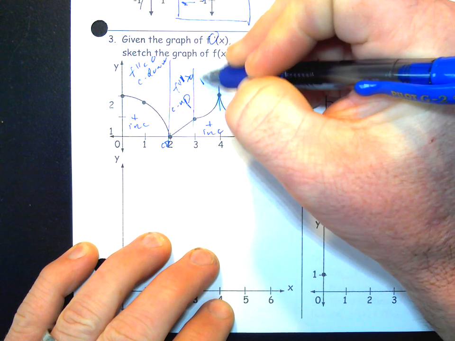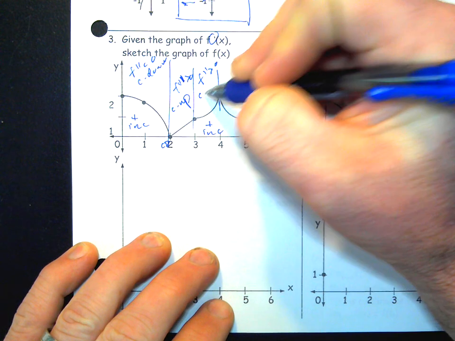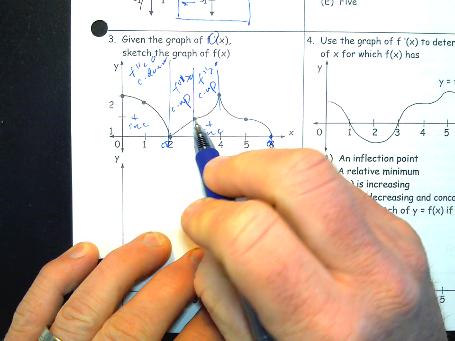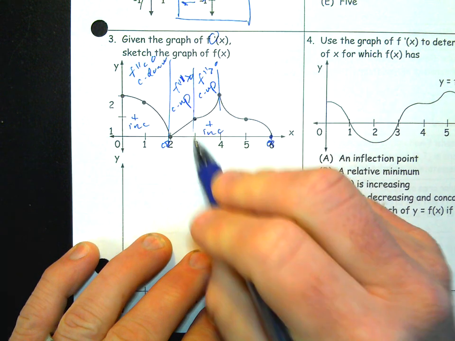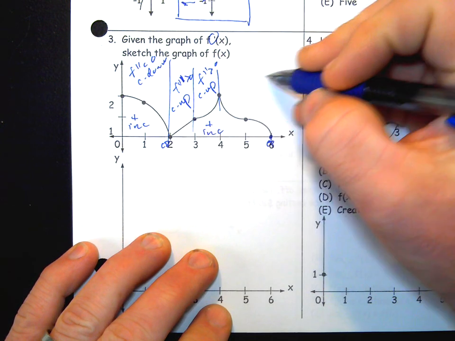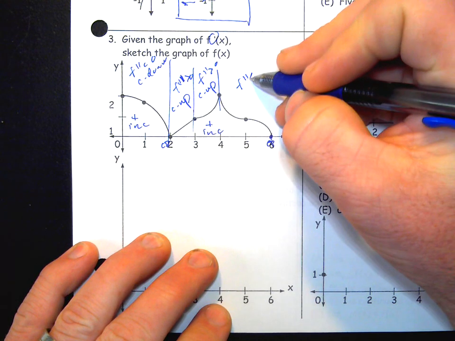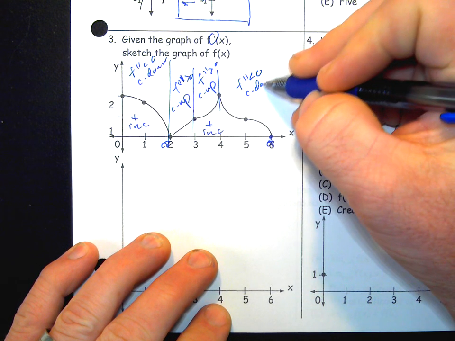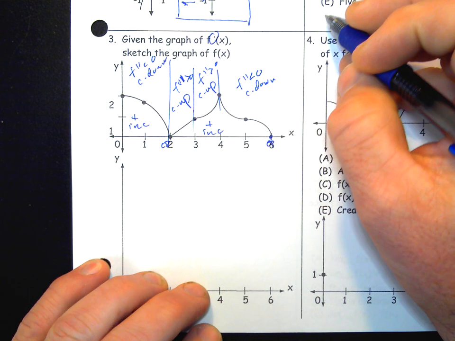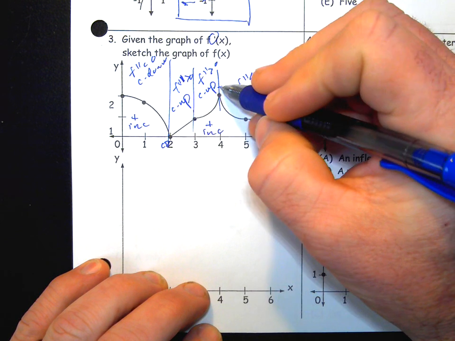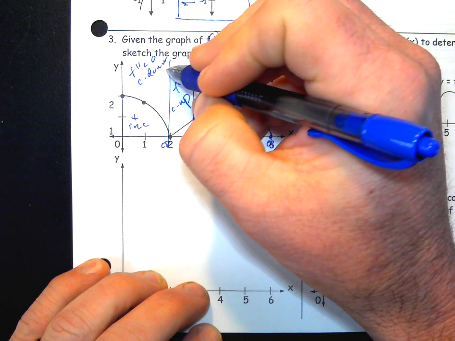Here f double prime is positive, so it's concave up. Now I split it up because f double prime is actually not defined at 3 because there's a corner. Then f double prime is negative, concave down. So we do get an inflection point here and here.